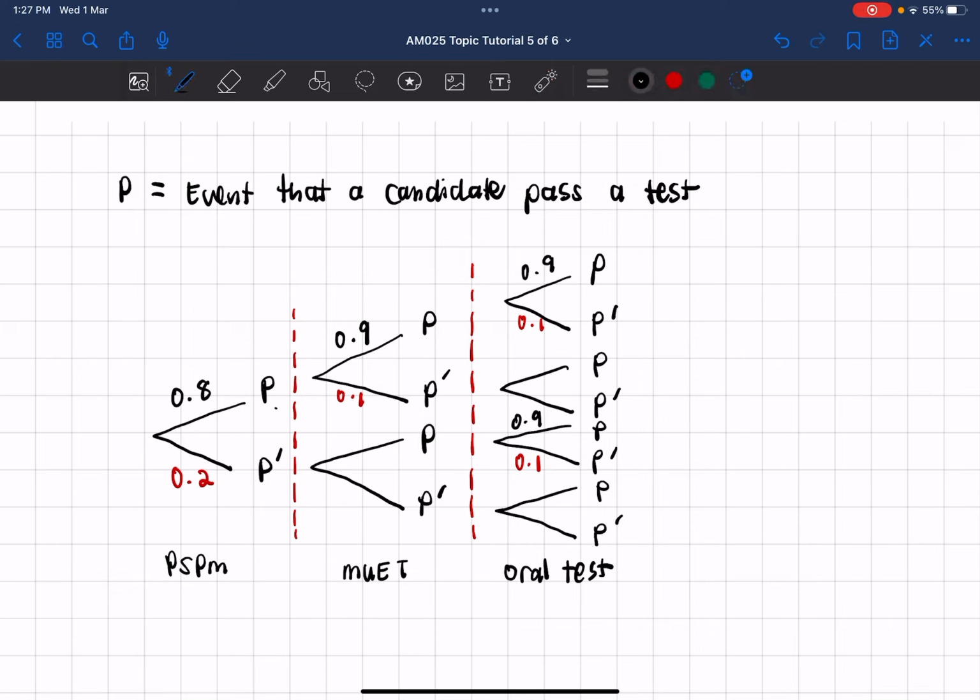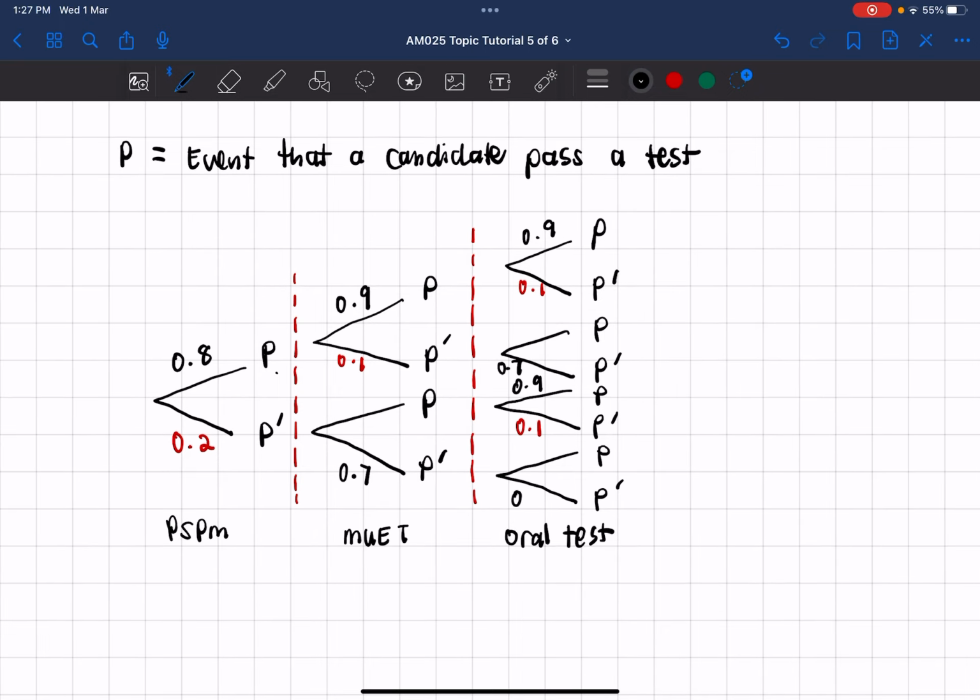We write 0.7 here, and here, and here. So now let's complete our tree diagram. We're going to have 0.3 here, here also 0.3, and this is 0.3.